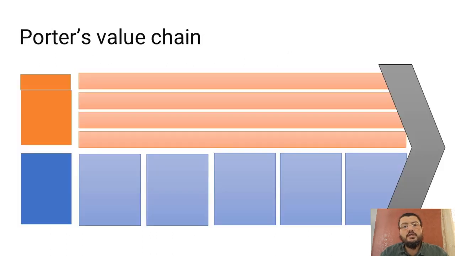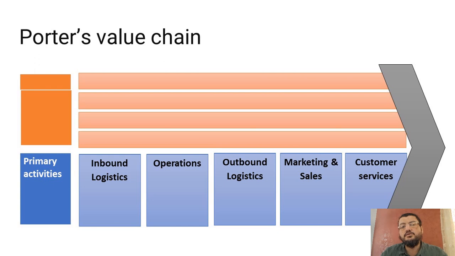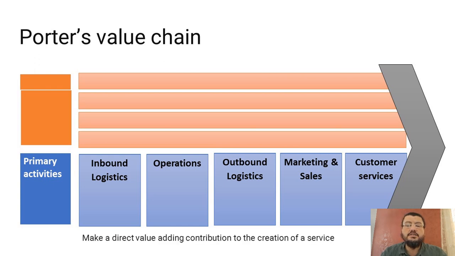In Porter's value chain, as the diagram shows here, the primary activities are inbound logistics, operations, outbound logistics, marketing and sales, and customer service. These activities make a direct value-adding contribution to the creation of the service.